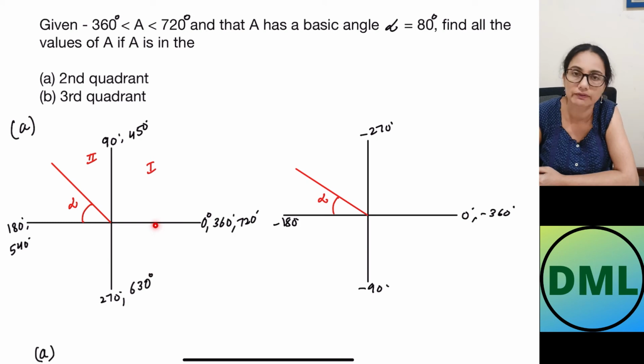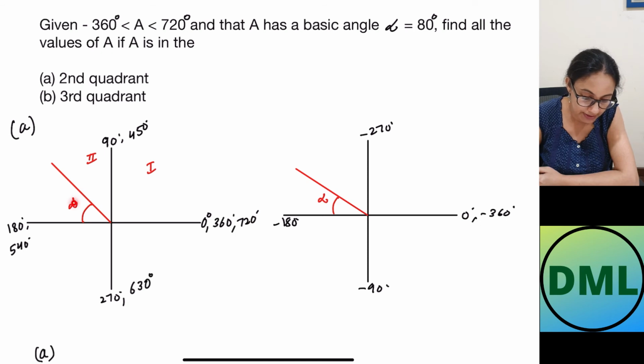That means I am taking two complete anti-clockwise rounds. If this is the second quadrant, the basic angle alpha is here. So 0 degrees, 90, 180, 270, 360 again, and going further, 450, 540, 630 and 720.